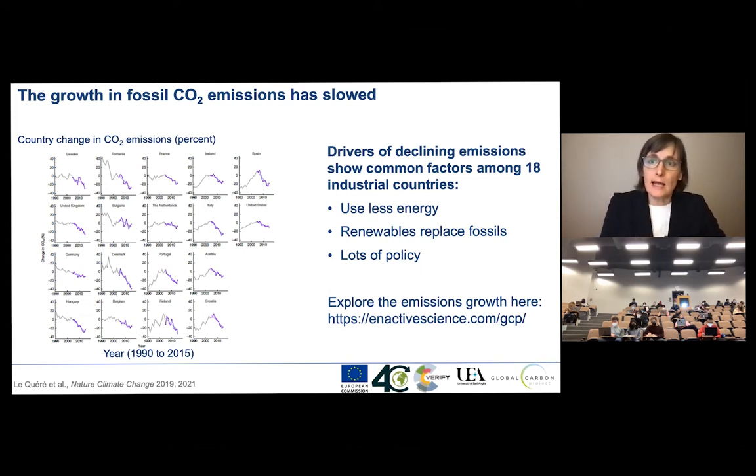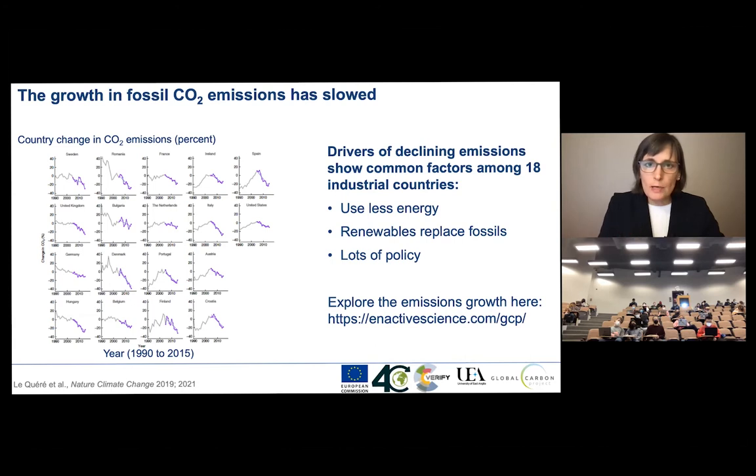The first is that these were the countries where there was a decreasing use of energy. So not ever-growing use, but decreasing use of energy, mostly because of energy efficiency. There, the global financial crisis also played a little bit of a role in that period. The second was, these were countries where renewable energy was replacing fossil energy.